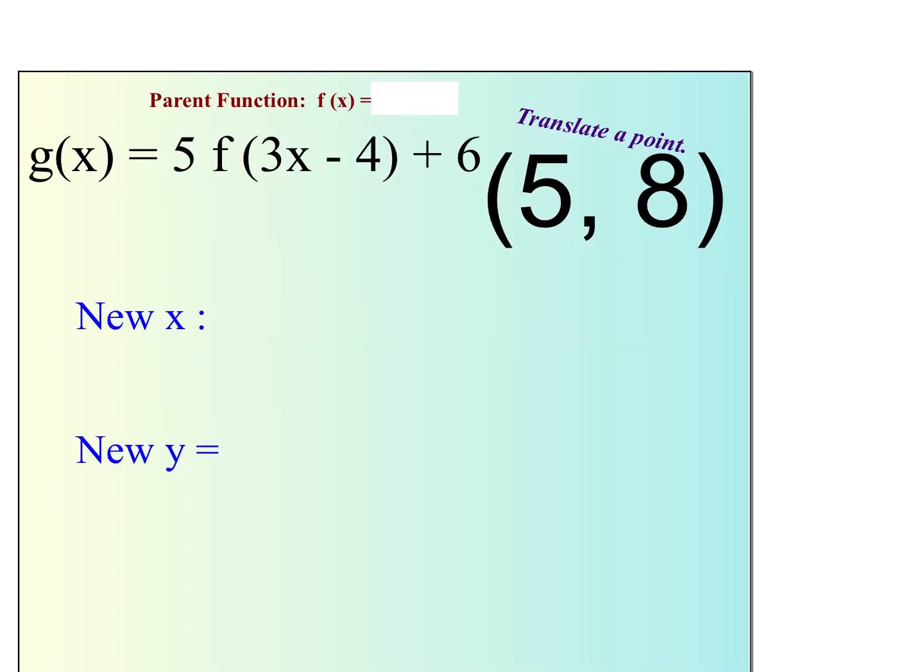All right. So here's the big moment where I was trying to get you to at the very beginning of the hour, and let's see if you got a short-term memory. This point, 5, 8, was on the original function. This is the x part, and it'd be really easy to think I'm going to take my 5 and times it by 3 and subtract 4.